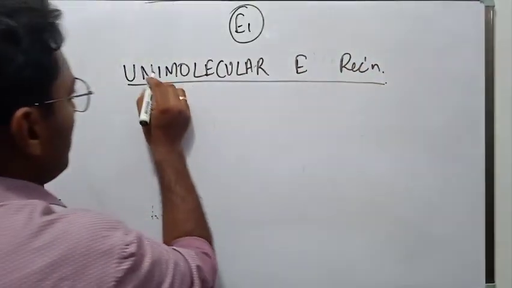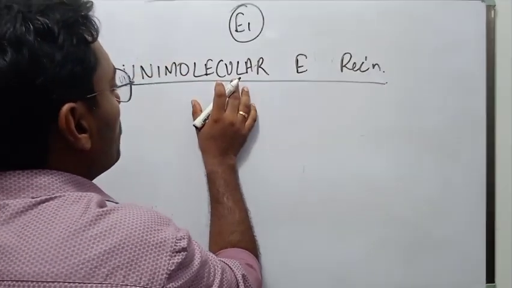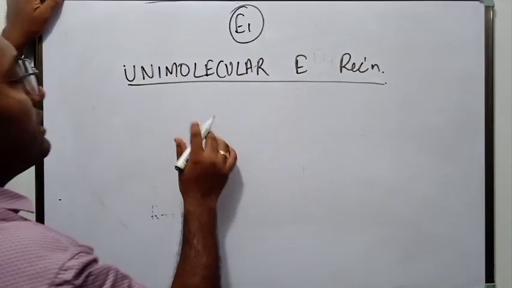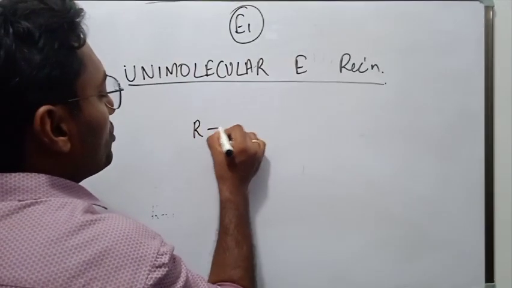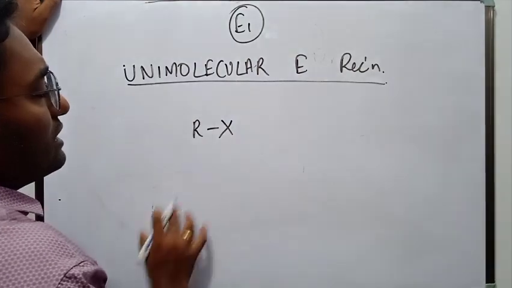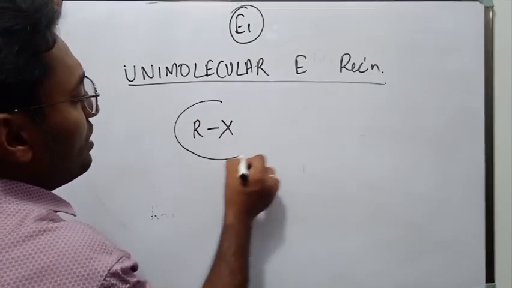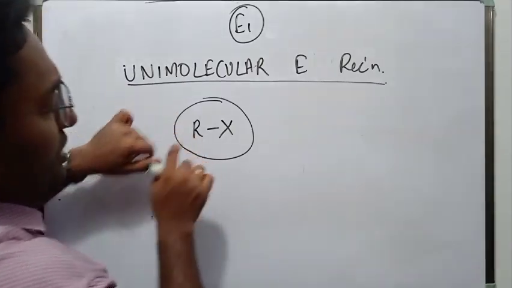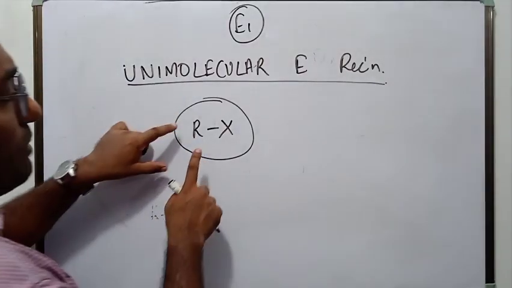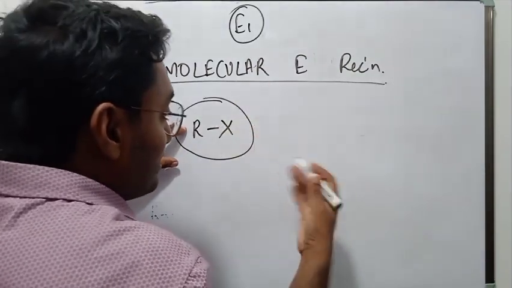What do you mean by unimolecular? When I say unimolecular, what I mean to say is that it is dependent on only one molecule, that is the substrate molecule. The reaction depends only on the substrate molecule. That actually means it depends on the chemical character of the substrate molecule, the chemical character to participate in the reaction.